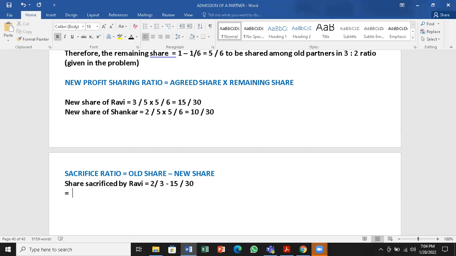So LCM, when you take, the denominator will be multiplied 3 into 30. That becomes 90.